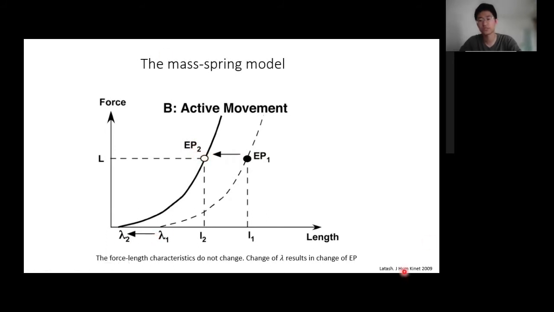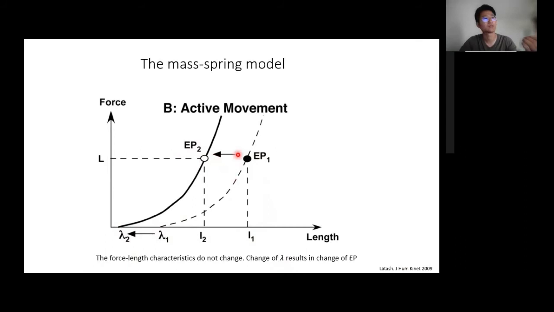And we see that the movement is actually produced as an emergent result of shifting the resting length. So let me repeat again. You first shift the resting length of the muscle, and this will induce a shift of the equilibrium point.